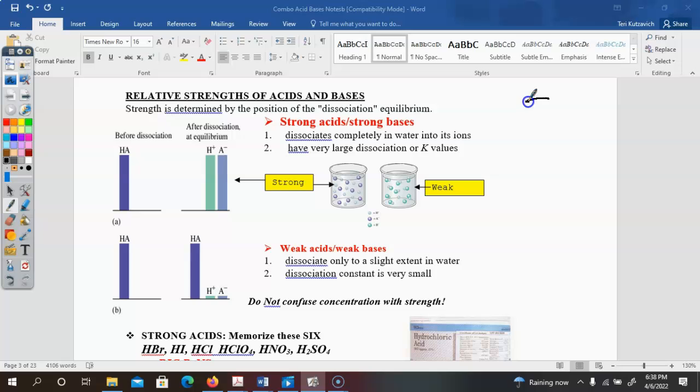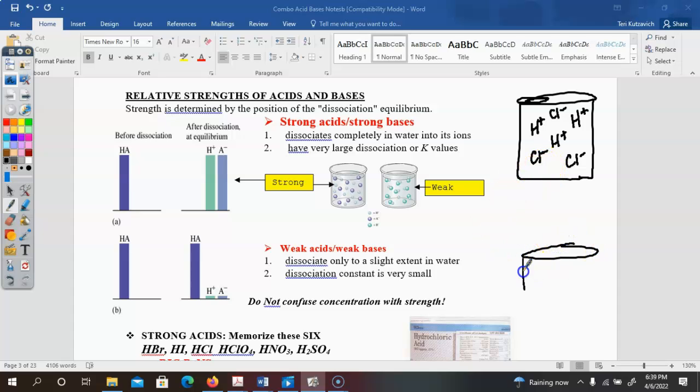So if you would have a strong acid dissociating, let's make a bigger beaker, such as HCl, you would have a lot of H and Cl ions. Would you have any HCl in there? No, because it dissociated 100%. What if you had a weak acid, like acetic acid?